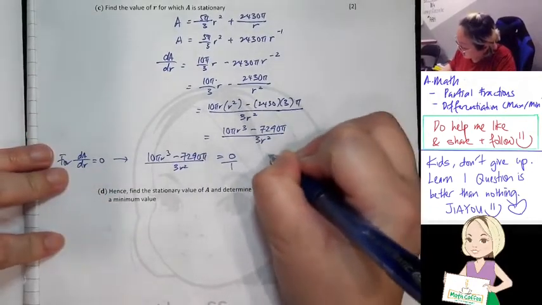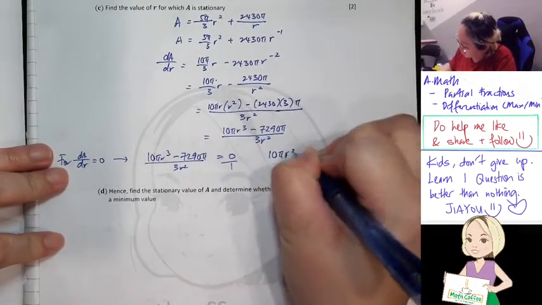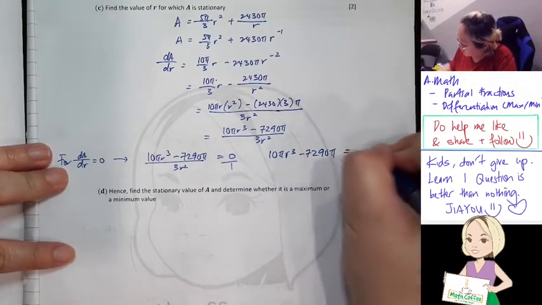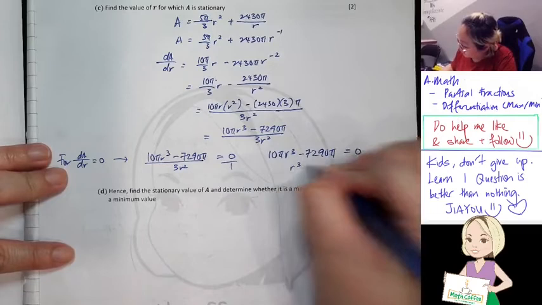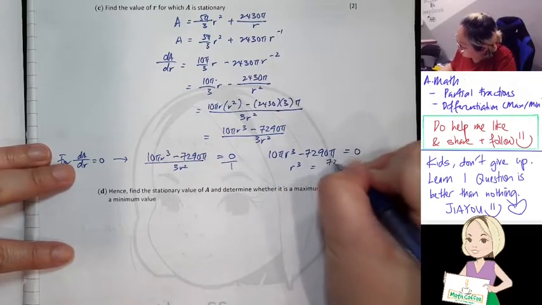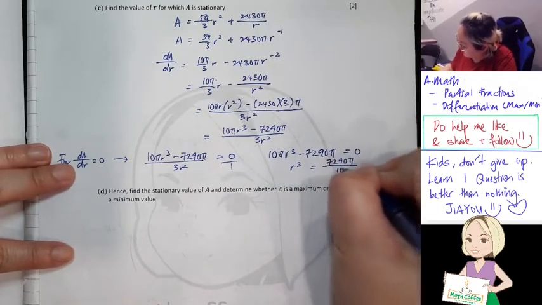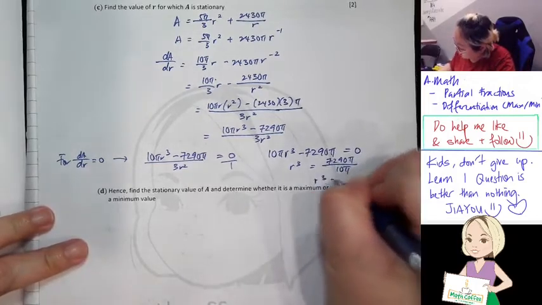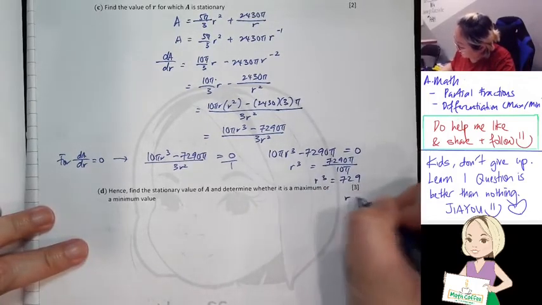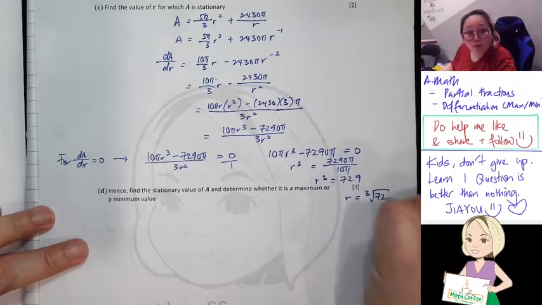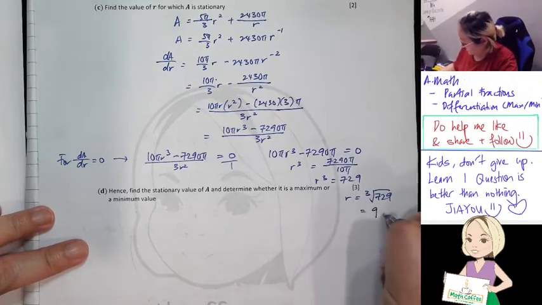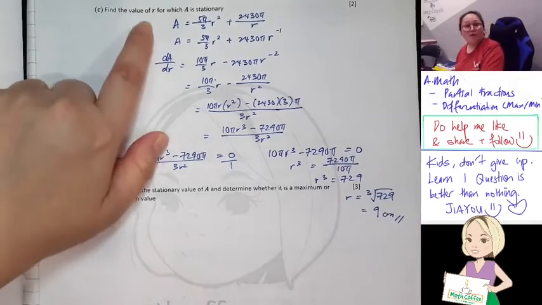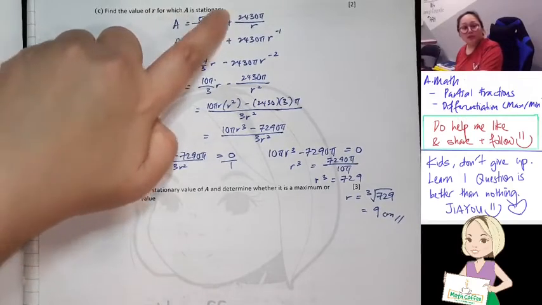So I end up having 10 pi r cubed minus 7290 pi equals 0. So my r cubed in the end becomes 7290 pi divided by 10 pi, and we get r cubed equals 729. So my r equals cube root of 729, that will give us 9. And we're done. So that is the value of r for my A to be stationary.